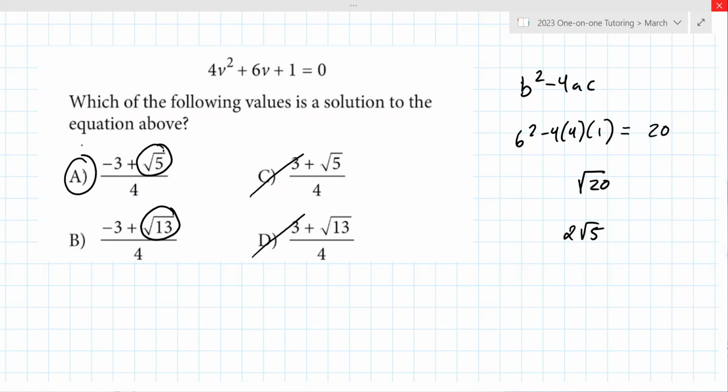Okay. So there are a few, literally, solve the quadratic equation questions on the SAT. Maybe like one question. You'll get something like that. All right. So let me have you try one here on your own.